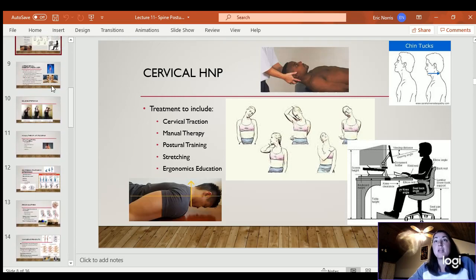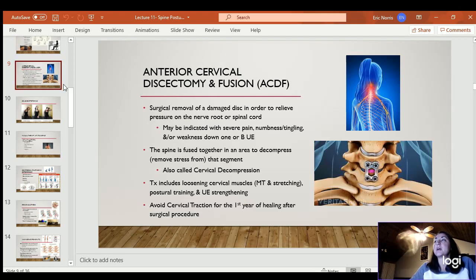Okay, so the next thing we will go to is the anterior cervical, I bet I changed the order. Yeah, I did. Anterior cervical discectomy and fusion.